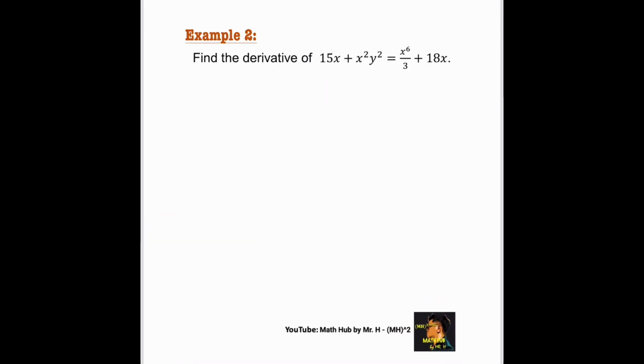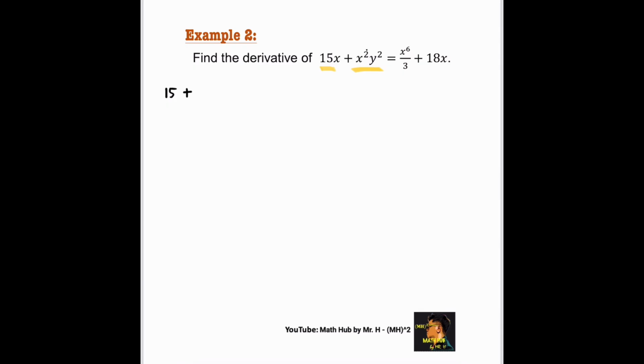Find the derivative of 15x plus x squared y squared equals x to the power of 6 over 3 plus 18x. So we're going to be starting with the first term, which is 15x. So the derivative of 15x is 15 plus, so for the second term, we need to apply product rule here.